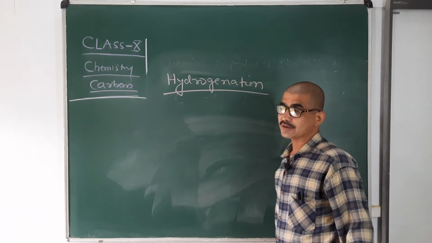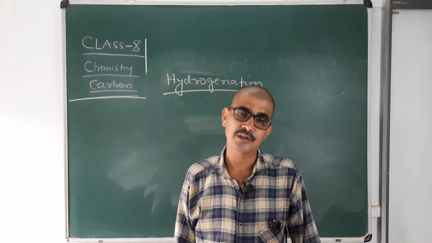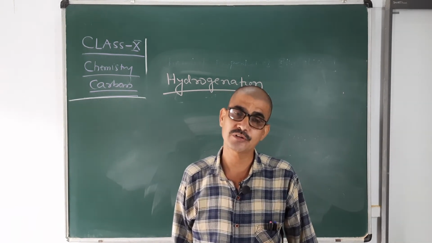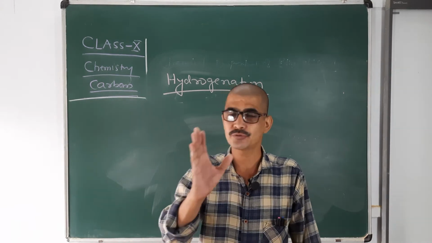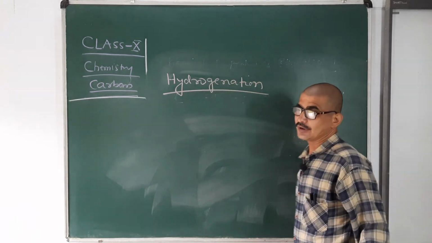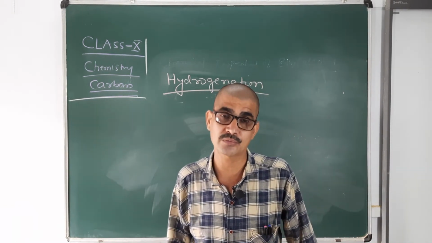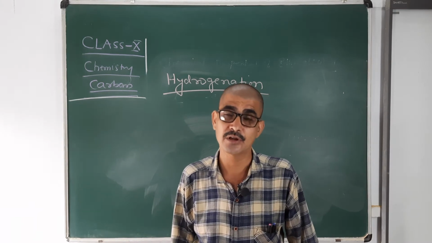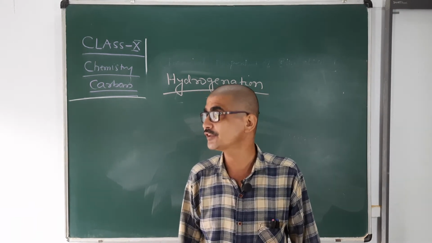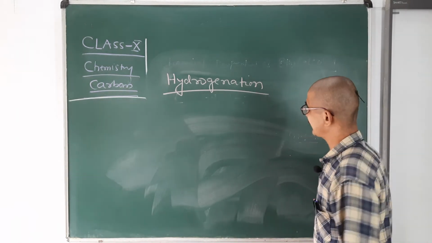After hydrogenation, the double or triple bond becomes a single covalent bond. It means unsaturated to saturated. That is called hydrogenation reaction. Addition of hydrogen to unsaturated hydrocarbon, whether alkene or alkyne, is called hydrogenation reaction.